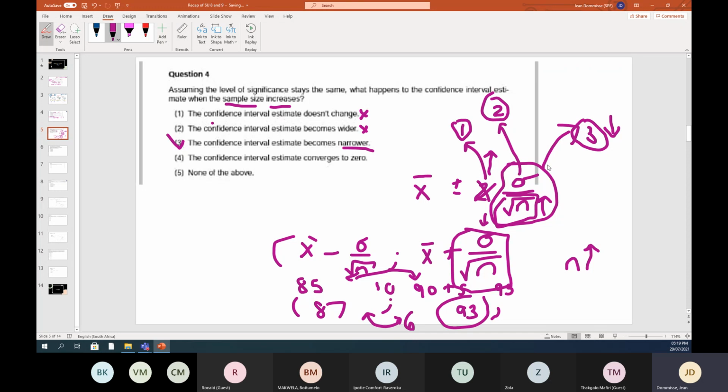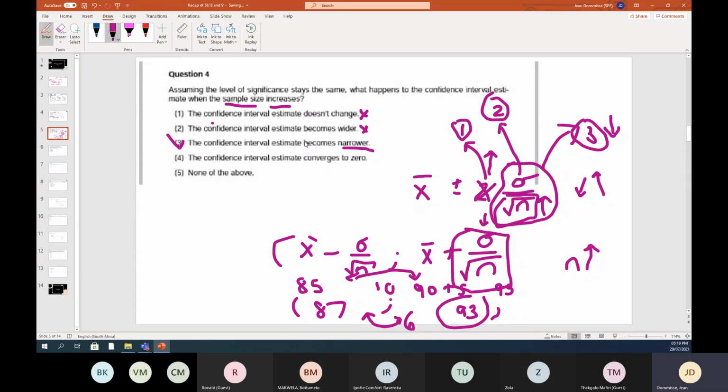The same if your standard deviation increases, then that whole thing will increase, making the whole estimate become wider. If your z becomes smaller or your standard deviation becomes smaller, that means that the whole answer will become smaller, and then the estimate becomes narrower.